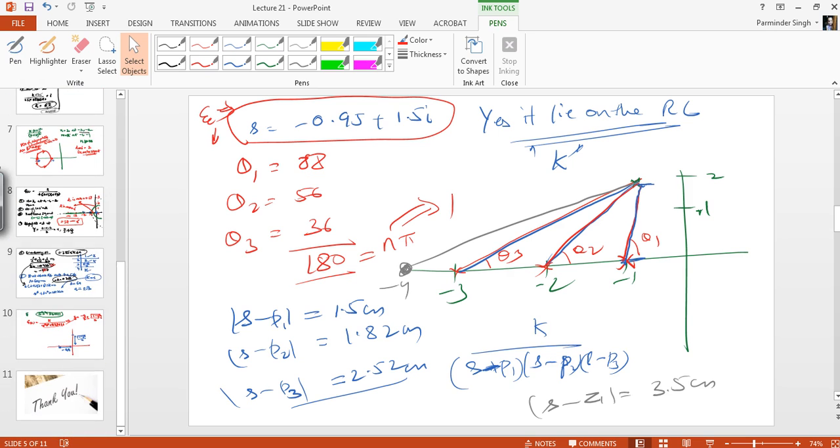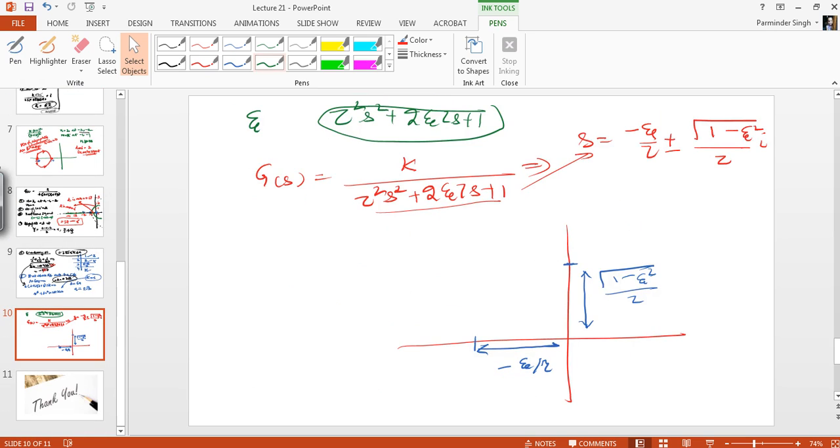Let's say somewhere here is that point, minus 0.95 plus 1.5j, for that example. Clear? Now we join this point with the origin. Let's say this angle is phi.